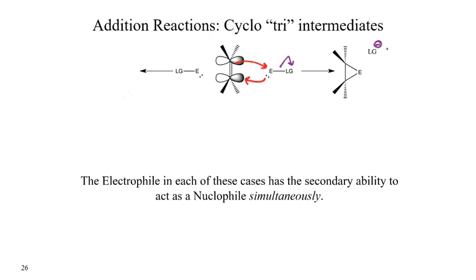If it is formally negative, we're probably going to see some kind of resonance or large size, because one of our rules was that that leaving group needed to be stable on its own. If it fits that, then great, we're following the same pattern.